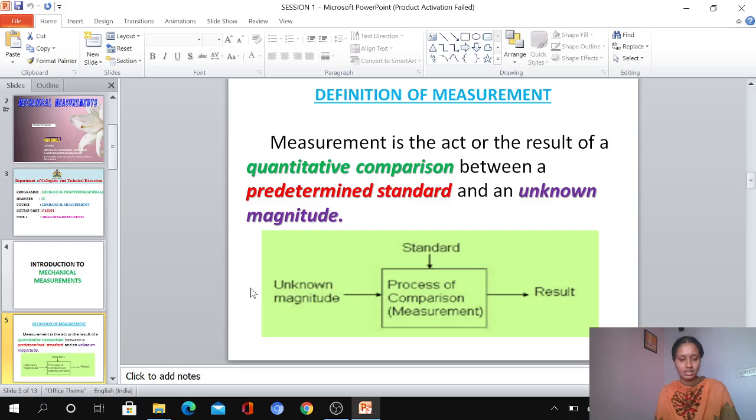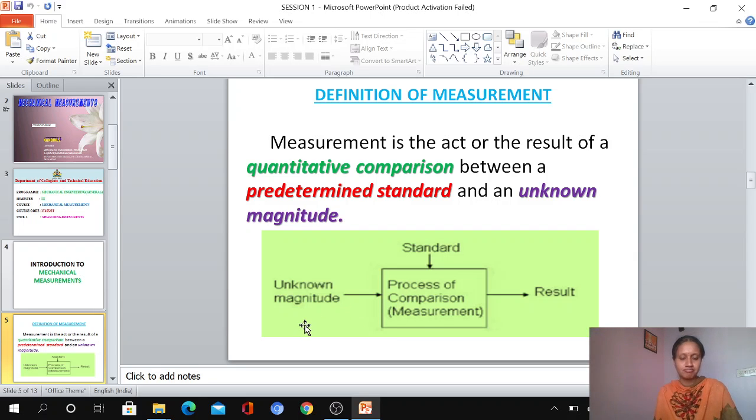So we are measuring length with the help of a standard called a scale here. We are comparing the unknown length of a line with the standard called scale. After comparison, we get the result in centimeters or millimeters, in meters, like that. So the unknown length, standard, and the result, that is nothing but the measurement.